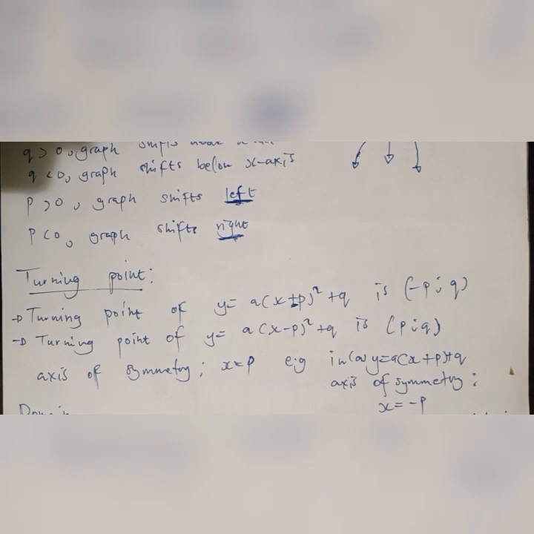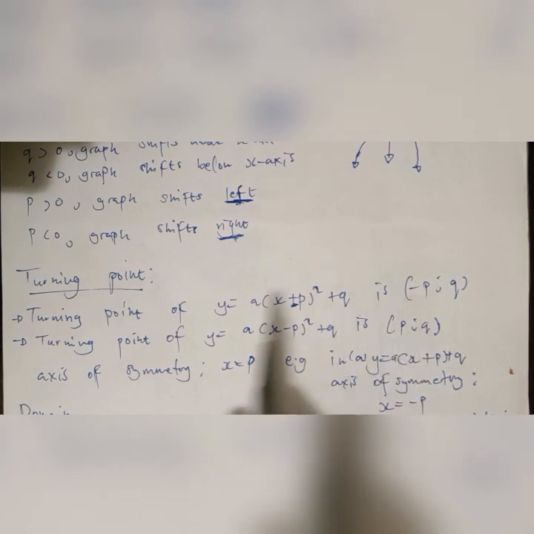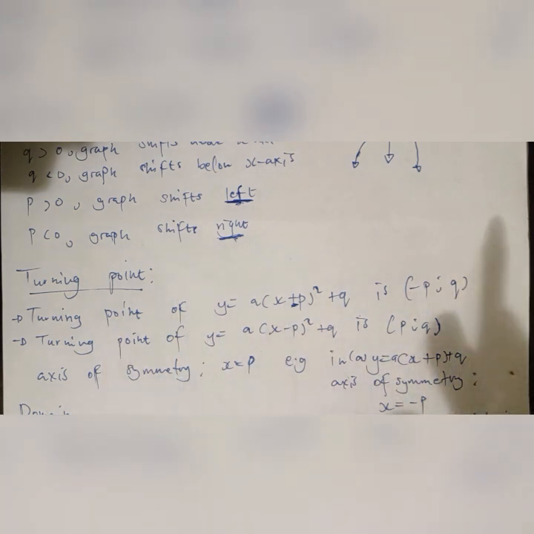That's why here our coordinates are (negative p, q), because on the graph p here would be negative because it shifted to the left. It shifted to the left, which is when p is greater than 0, then that graph shifts to the left. So on the graph p will be negative.